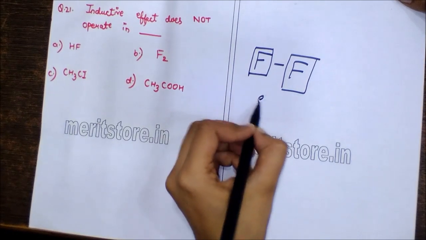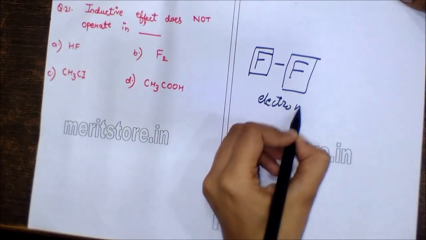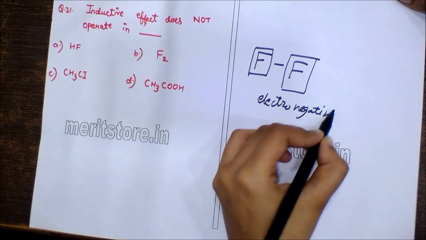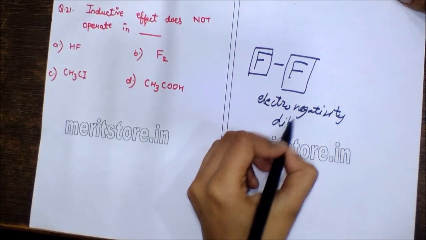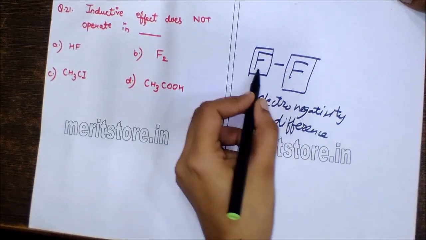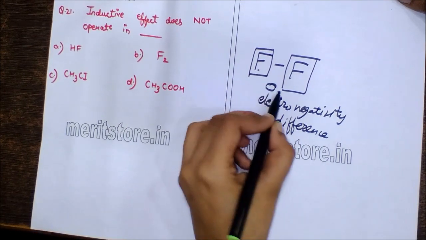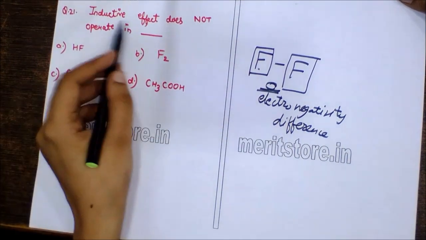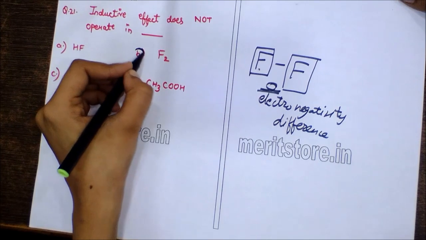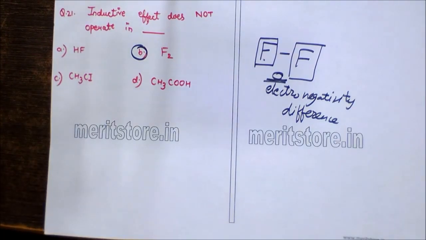So when I talk about the electronegativity difference, that is the difference between the electronegativity of these two, it will boil down to 0. And if there is no difference of electronegativity, there will be no inductive effect. Therefore, option B, F2 is my correct answer.